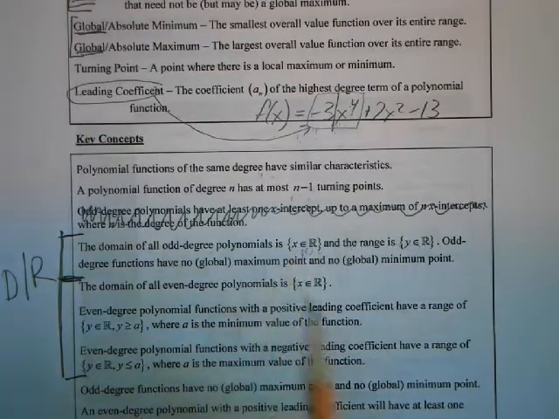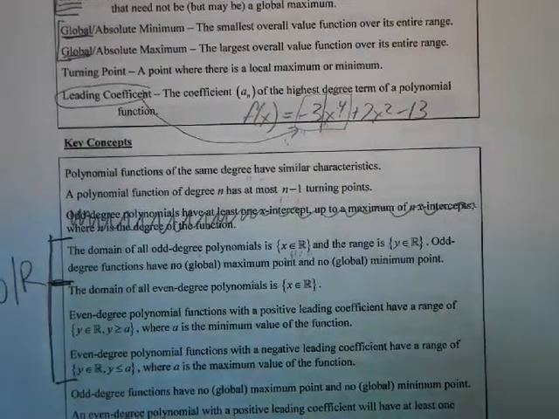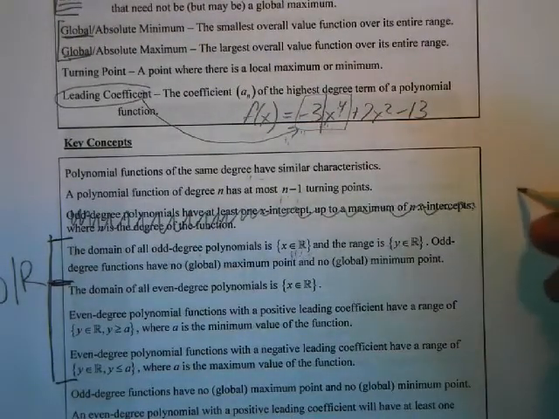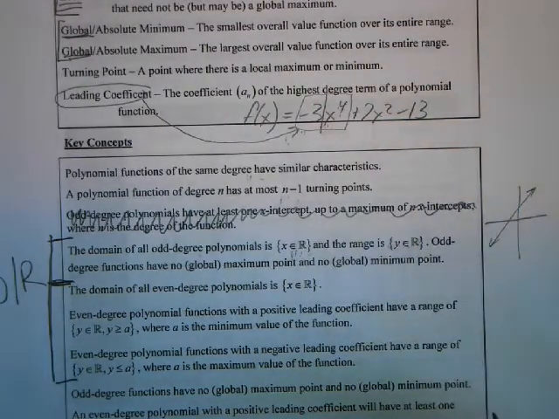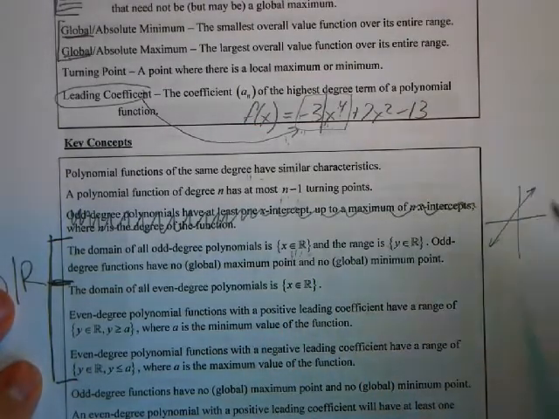The easiest one to look at for this would be a line. If that's my linear equation, that might be y equals x plus 3. In terms of domain and range, you can see that this is going upwards forever, to the right forever, downwards forever, and to the left forever.